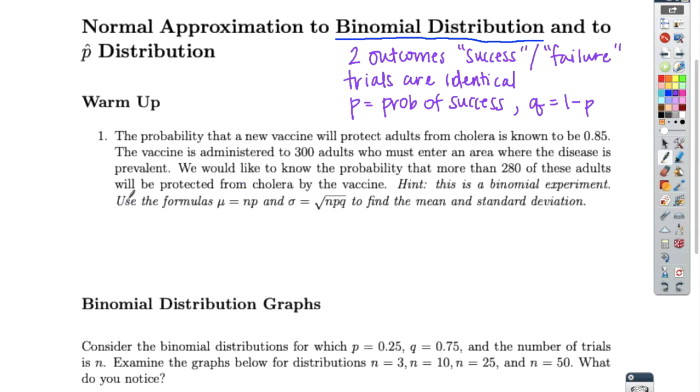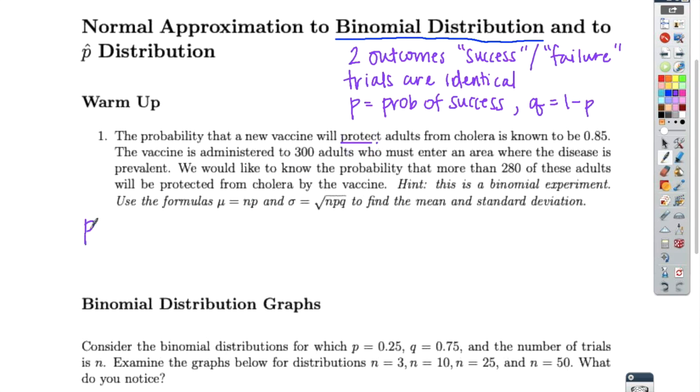So looking at this, let's talk first about why it's clear that this is a binomial experiment. First of all, there's 300 adults getting this vaccine. Now, the vaccine either protects them from cholera or it doesn't. So basically, they either get cholera or they don't.